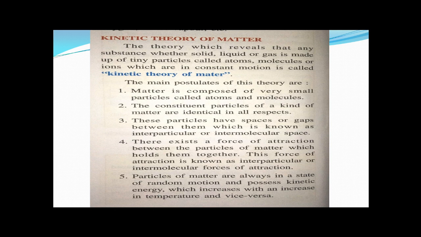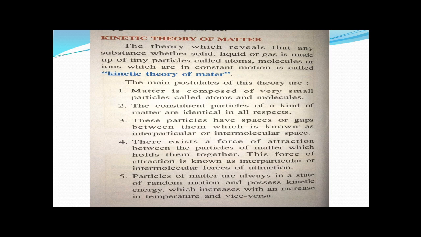The constituent particles of a kind of matter are identical in all respects. Suppose we take a piece of gold, then all the constituent particles of that piece of gold are identical in all respects.